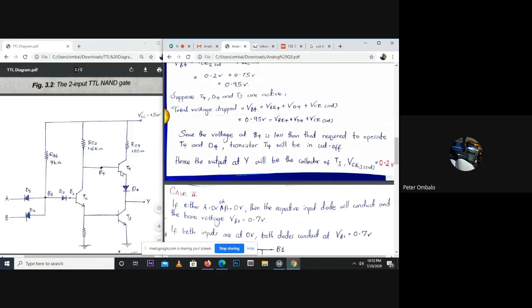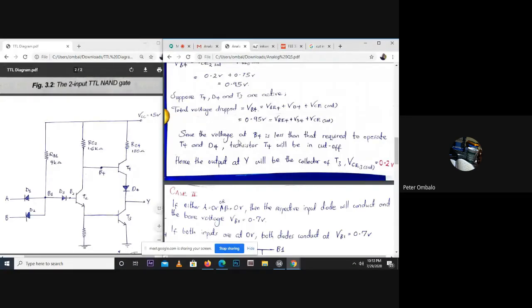So then we get the voltage at VB4. The voltage at VB4 is 0.95, and that should be equal to VBE4, the drop in this transistor T4, plus the drop at D4, the diode, plus the drop at transistor T3, and we already know that transistor T3 is in saturation.